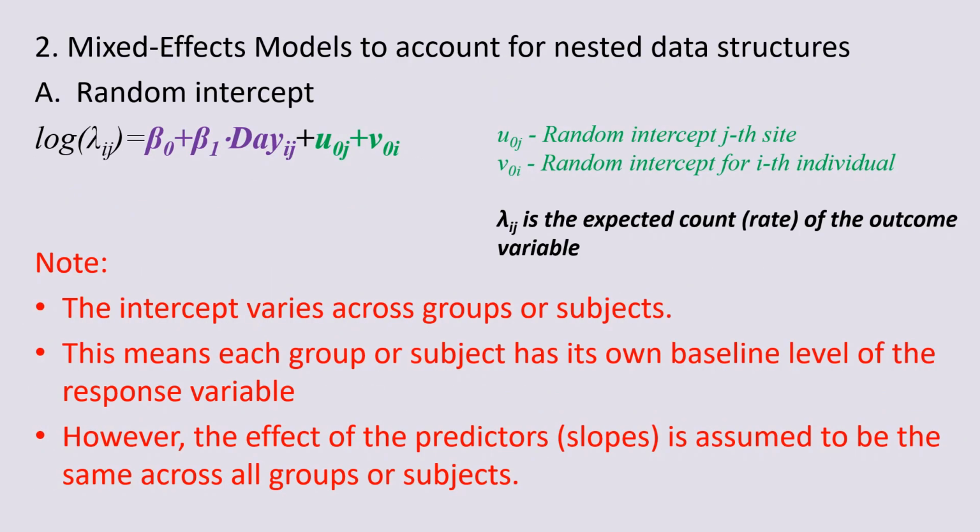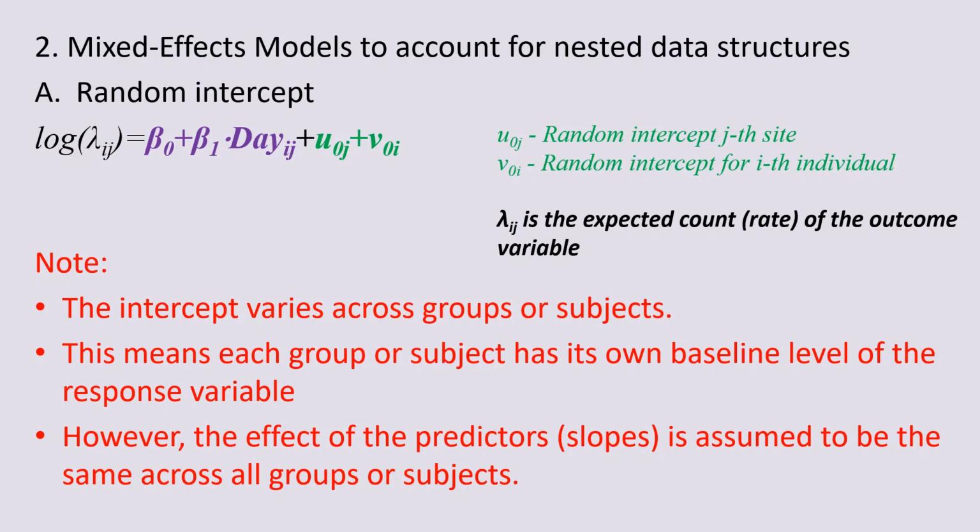So that's where we go to mixed effects models. The mixed effects account for the nested data structure. But we have several types of mixed effects models, so you have to choose the best for your data. And I'm going to take you through how to choose the best model for your data.